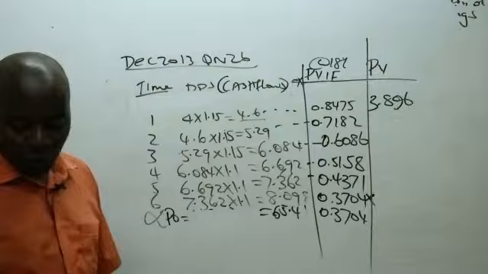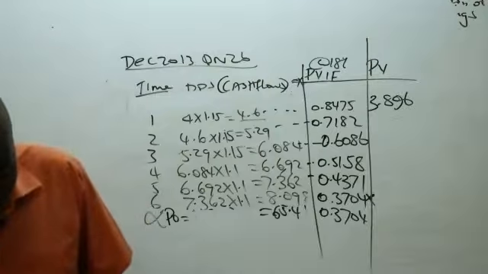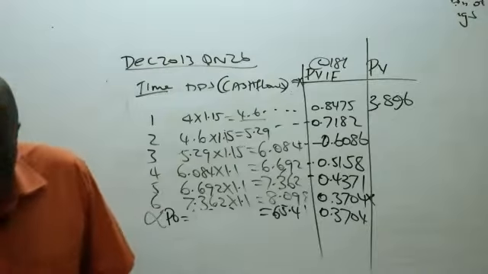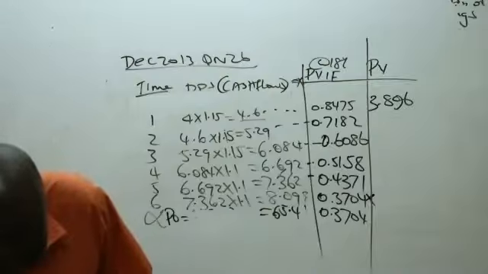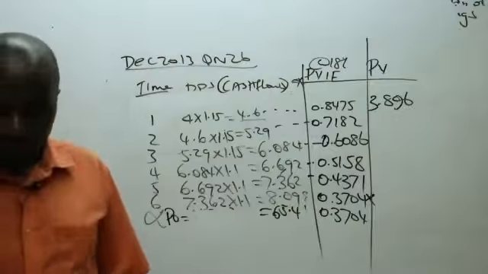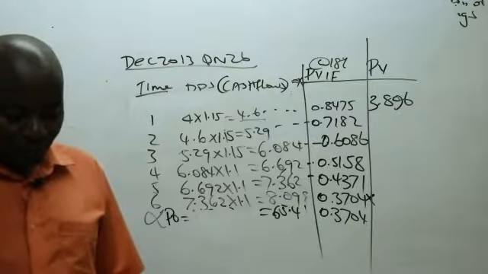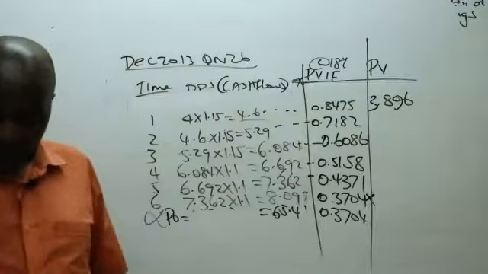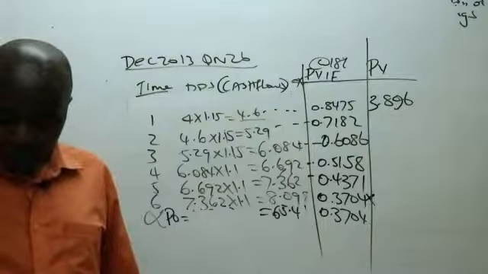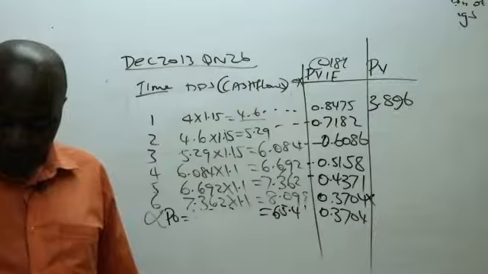How about the second present value? Nobody has given me the second present value. What figures do we have there? Somebody.